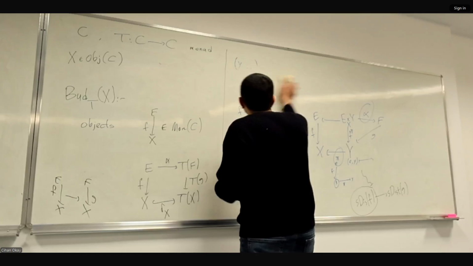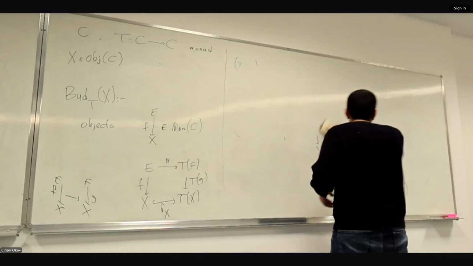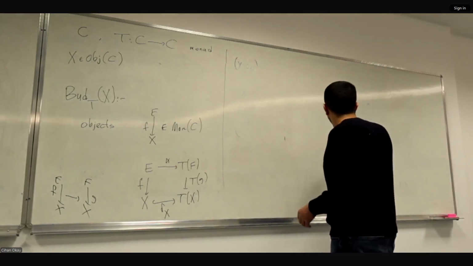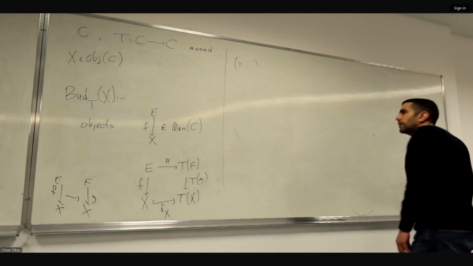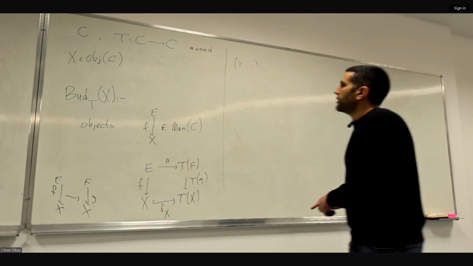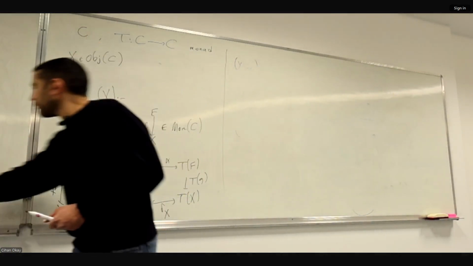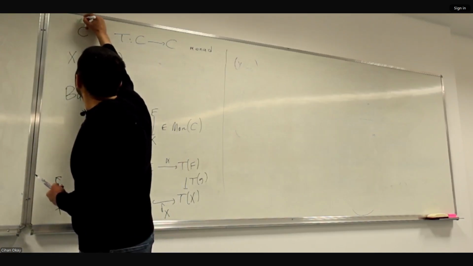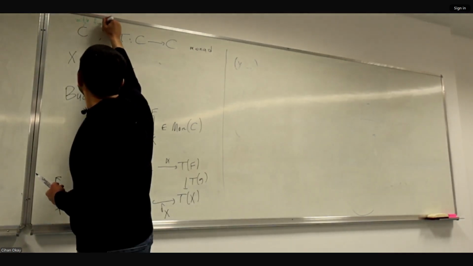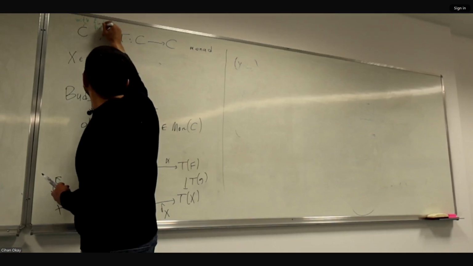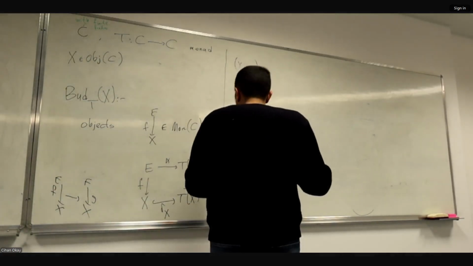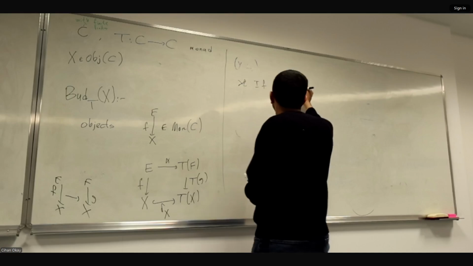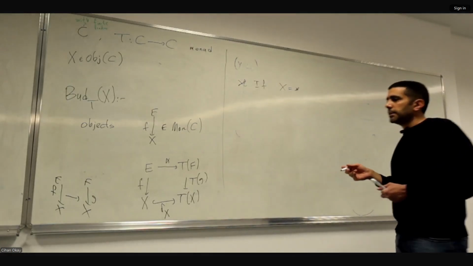If X is a point, a terminal object, and let's say that C has all finite limits, I'm saying this because if X is the terminal object, then it's a Kleisli morphism.